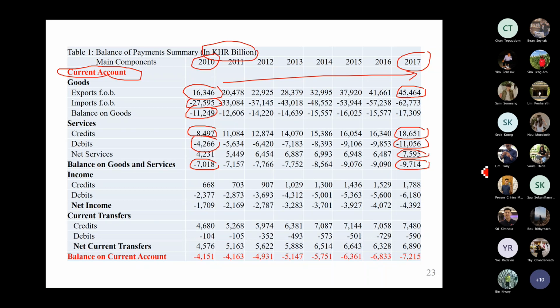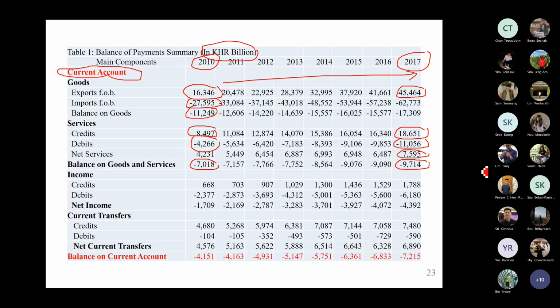You are importing the Thailand services. However, when the Cambodian Go Air tickets are purchased by foreigners, we say we export the transportation service to foreign countries. So I hope that gives you some sense of how the trade in services is.